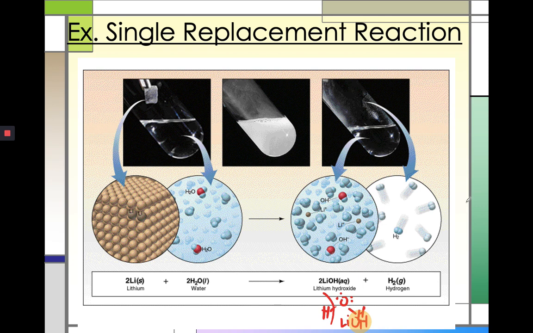The OH becomes OH minus, your hydroxide ion, a polyatomic anion. Once it reacts with Li, you get LiOH. Crisscross, disregard the sign. Another product is hydrogen gas, which accounts for the bubbles.